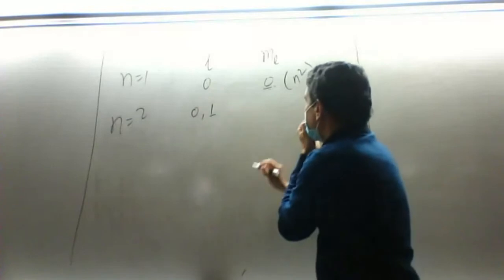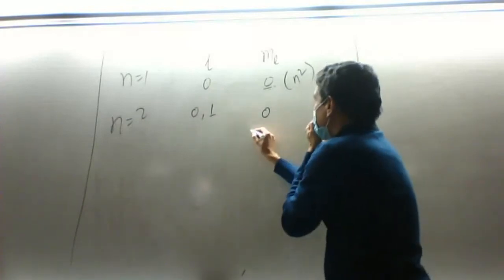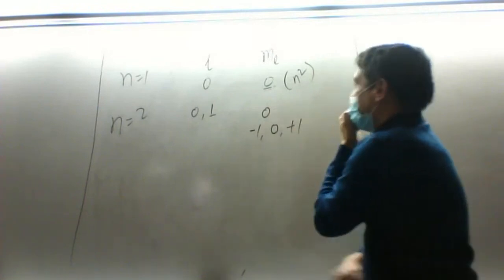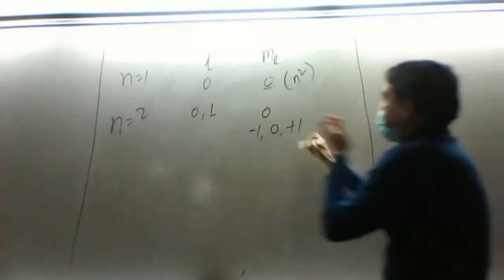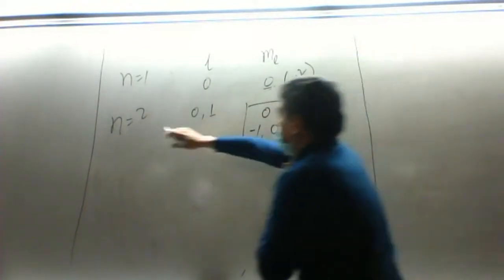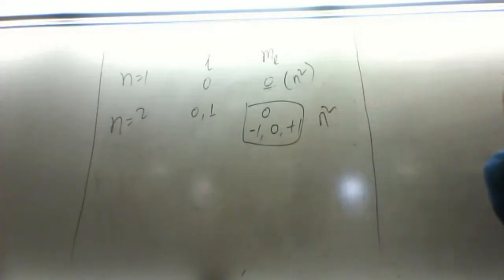For 0, you are going to have 0. And for 1, you are going to have -1, 0, and +1. You see that? Now how many are here? You count all this: 1, 2, 3, 4. So you see, n equals 2, then you do n squared, that gives you number 4. 4 is possible. See that?